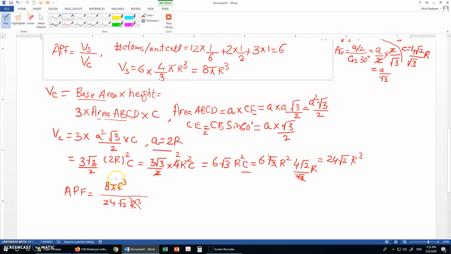So R cube is cancelled, 8 by 24 is 1 by 3, so it is equal to pi divided by 3 under root 2. So when you calculate it, it will be equal to 0.74. So this is the atomic packing factor of HCP structure.